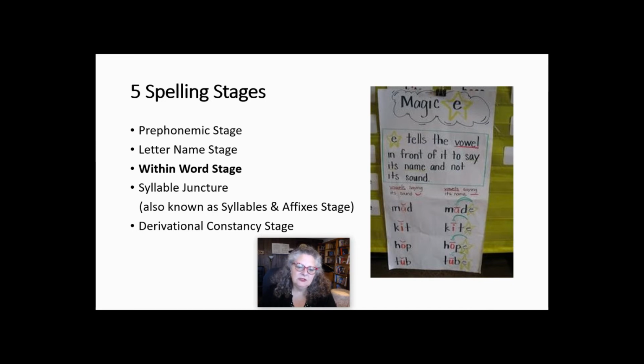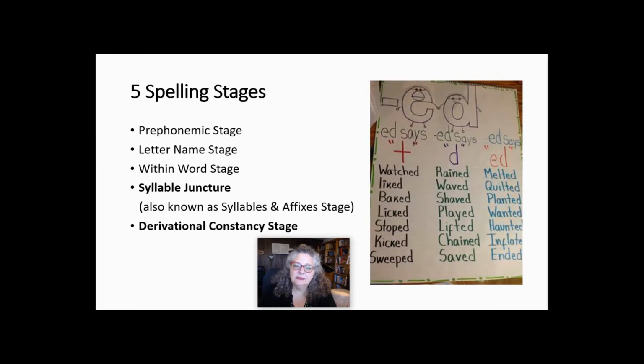Now, when we move into syllable juncture, we're doing something a little bit different. In syllable juncture, we're asking kids to think about multiple syllable words. We're asking them to figure out how to pronounce and how to record sounds that they're hearing in multiple syllable words.